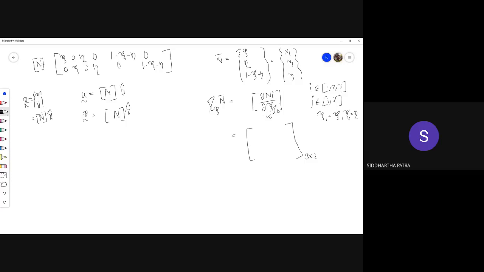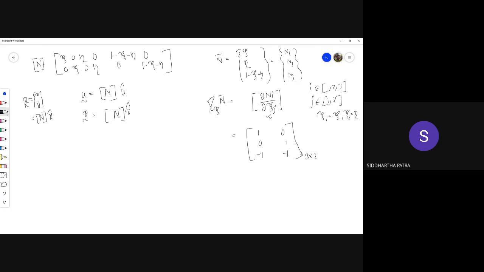Did everyone understand what I asked you to do? There are three shape functions; in each row, for each shape function, first take the partial derivative with respect to xi, then with respect to eta. Okay, the same thing applies to the second shape function and then the third shape function. I hope everyone understood. Okay, yes, tell me again, who was saying? 1 0, 0 1, minus 1 minus 1. Okay, so this is what the gradient of the shape function with respect to the natural coordinates would look like.